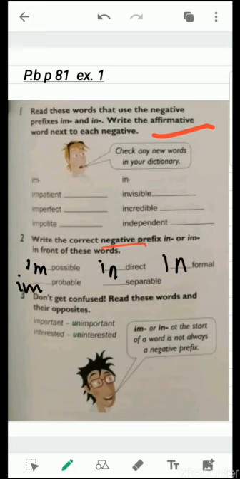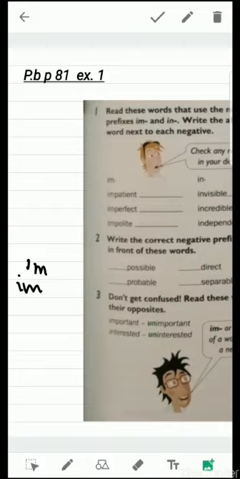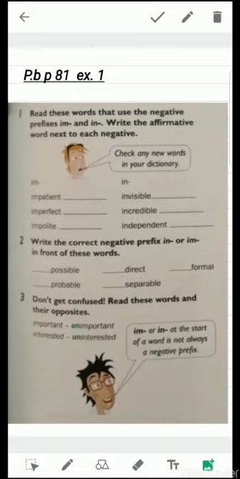Separable, قابل للتقسيم. Of course, we write inseparable. Separate, you know, separate، يقسم. Separable, the adjective, قابل للتقسيم. We have to write inseparable, which is غير قابل للتقسيم. So we have to write, sorry, what did I do?